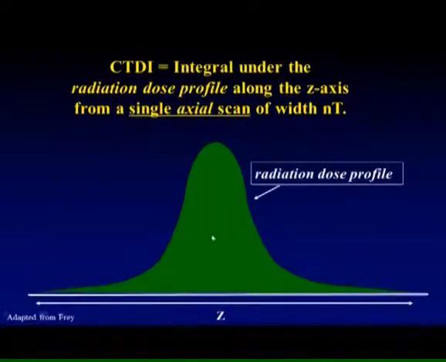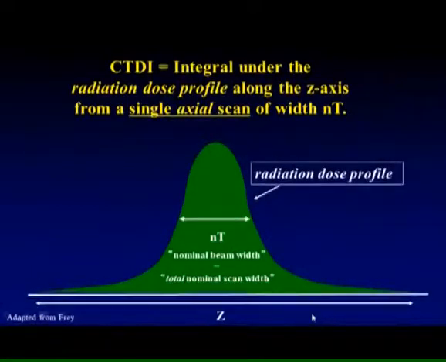This dose distribution is characterized by the full width at half maxima, and that full width at half maxima is equal to n times T, where n is the number of detector elements in the z direction, and capital T is the dimension in the z direction of each one of those elements.